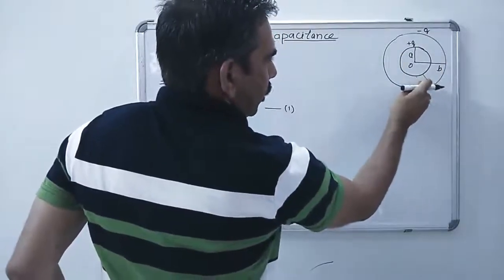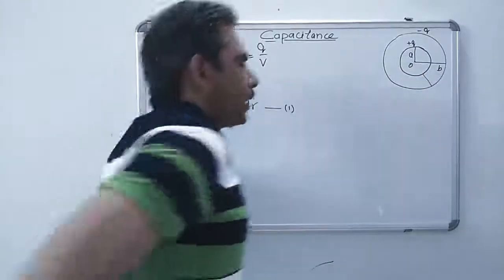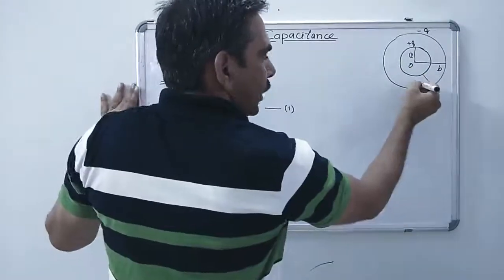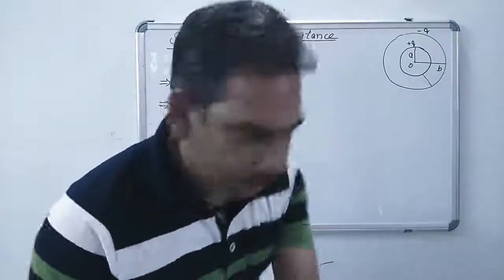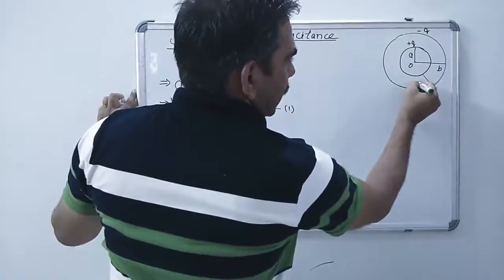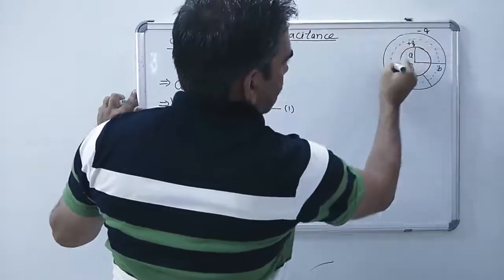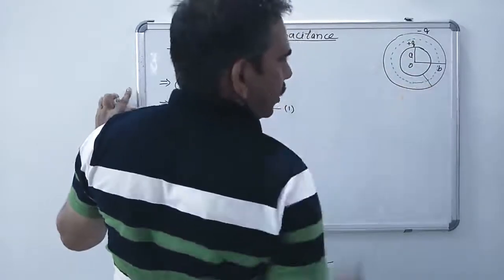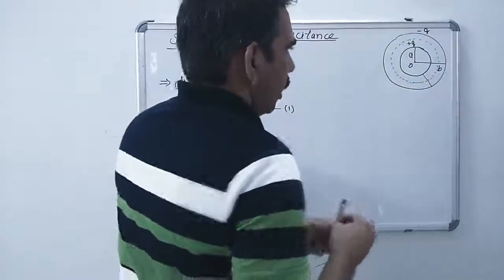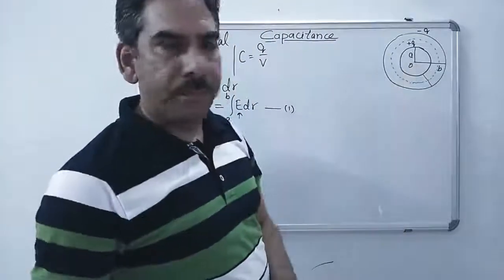To write the expression for electric field, we proceed just as in the case of Gauss law. We consider a Gaussian surface around the inner charged sphere. So this is a Gaussian sphere around this inner charged sphere at the same center, right?